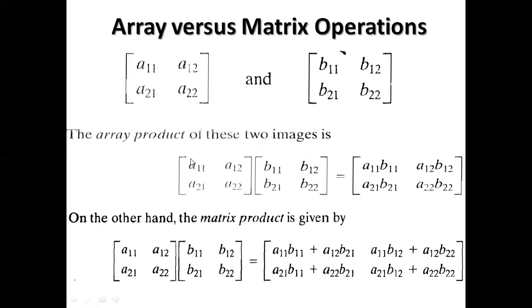The first element becomes A11 into B11, the second element is A12 into B12, the third element is A21 into B21, and the fourth element is A22 into B22.